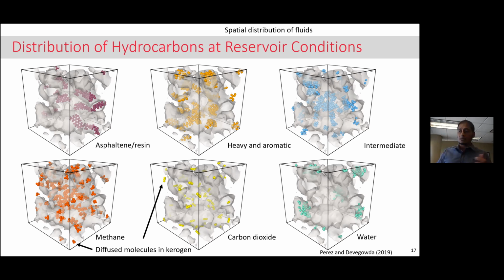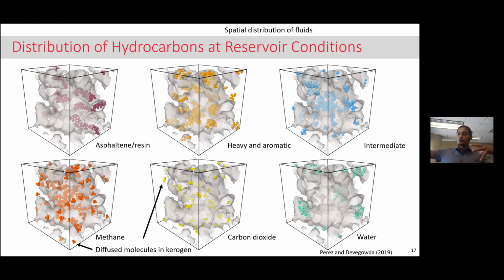What's special about that? The reason why this is special or unique is because we are used to thinking about conventional reservoirs. When we think about a pore, we think about the entire pore being filled up with a fluid whose composition is uniform wherever you look inside the pore.